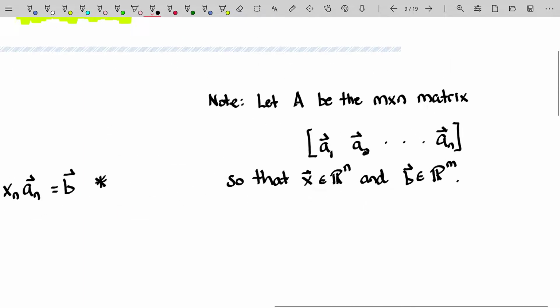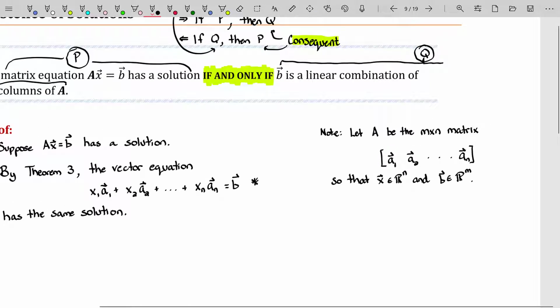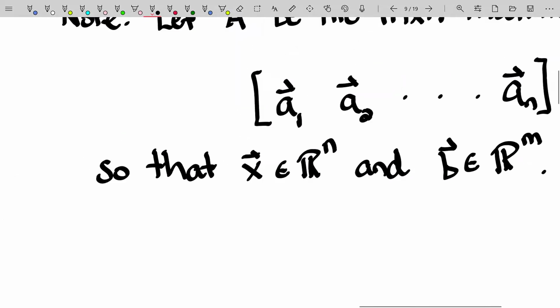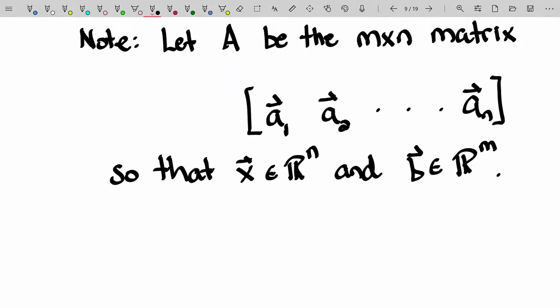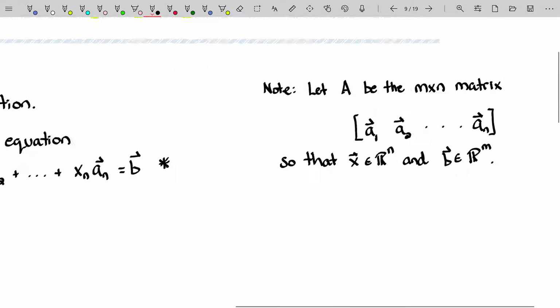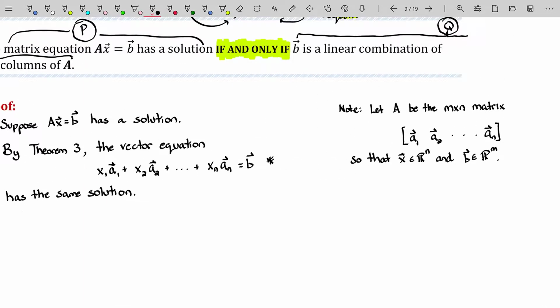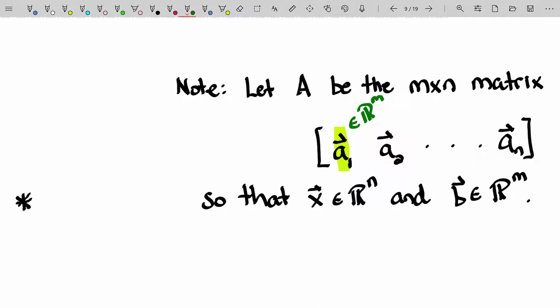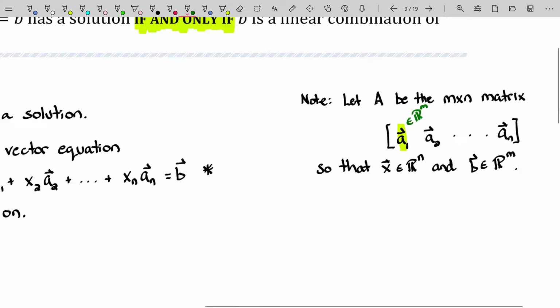And for the matrix-vector multiplication to be well defined, x itself has to have the same number of entries as columns of A, so x will have to be in R^n, and then b has to have the same number of entries as rows. By the way, I didn't write it here, but the column vectors are also in R^m, because each column has m rows, so each column vector has m entries. Not that big of a deal for that last part, but I thought I'd mention it.